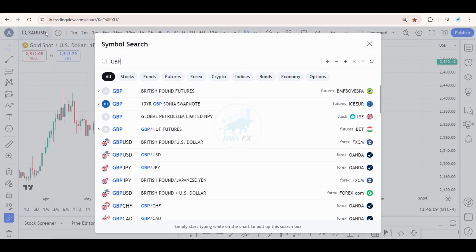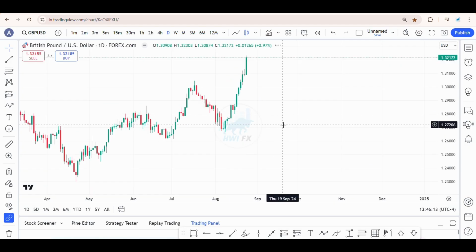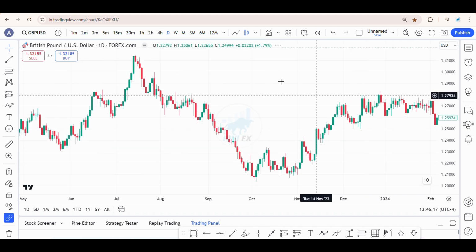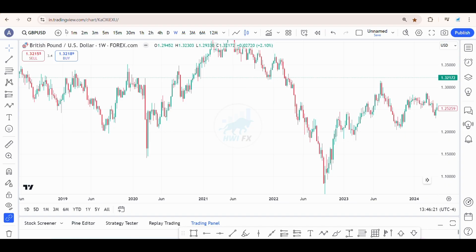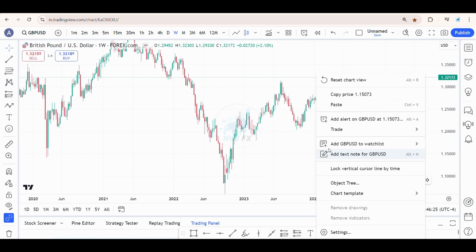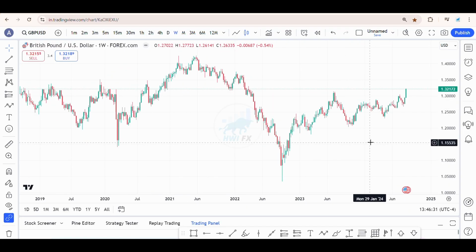So let's go to GBP. We are on the daily chart here. So let's see what needs to be done here. We are on weekly.